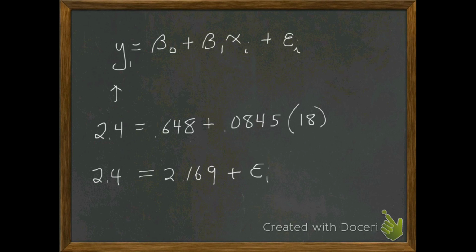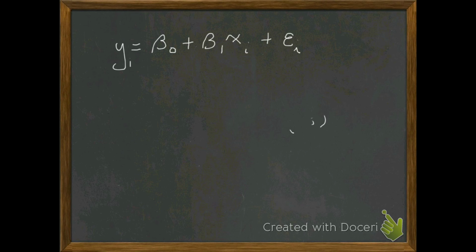Now consider, on the other hand, this versus this notation. Now, we don't need the error term there, because what we're doing here is getting the expected value.